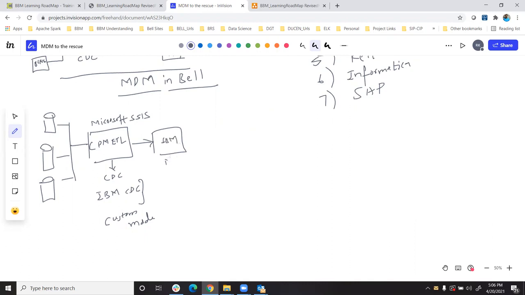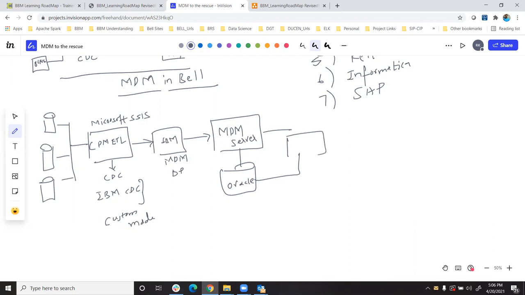Then we use the MDM server, and then we have Oracle. Then you have something called PME, and this is your exposure layer.